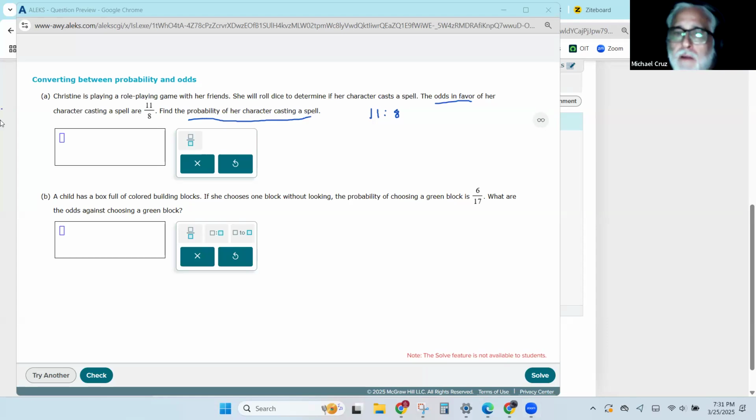Now, this is our A, and this is our B. So our probability, the success, is going to be A over A plus B. So what will that be in our case?